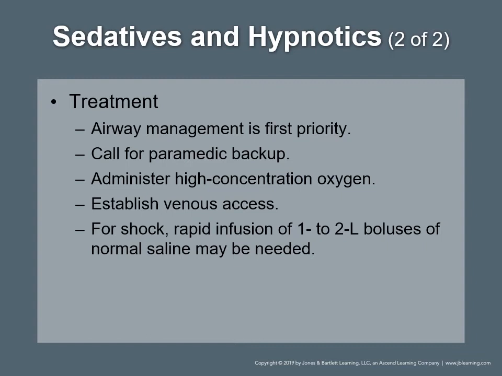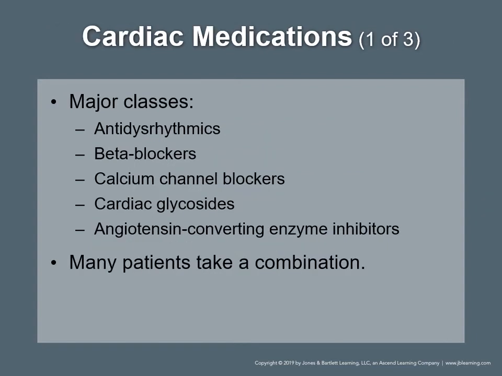Cardiac medications. These are medications used to treat cardiac and cardiac-related problems. They continue to increase in number and sophistication. Major classes are antidysrhythmics, beta blockers, calcium channel blockers, cardiac glycosides, and angiotensin-converting enzyme inhibitors.